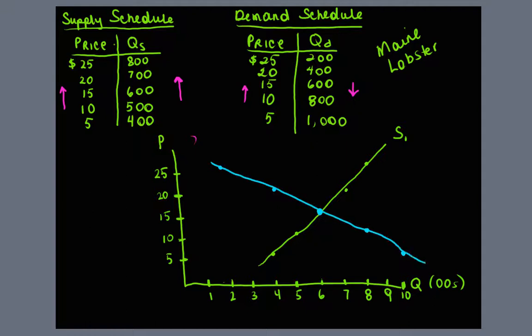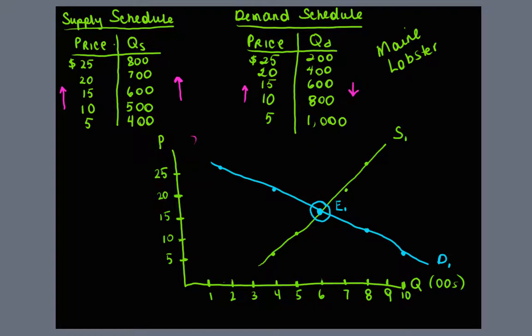And my equilibrium, obviously now we can see with the picture, is going to be right here. You could have seen that also with the schedules. Remember that equilibrium is a point where the quantity demanded equals the quantity supplied. And that's exactly what we have here.